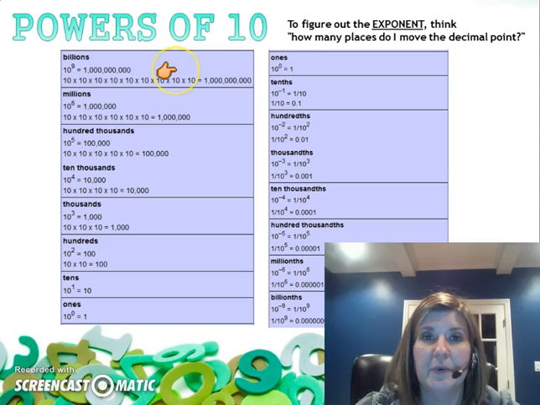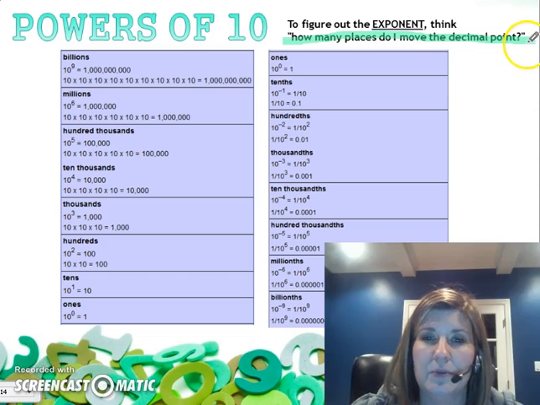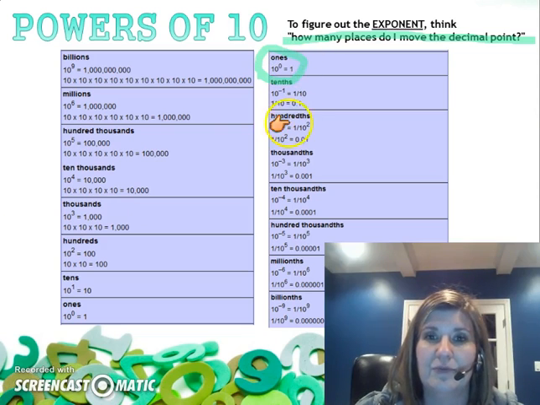Now, to figure out what the exponent is, all you have to do is remember to count how many places you move the decimal point. Powers of 10 serve as the basis for the metric system, so we do use this a lot in chemistry. If we start here at the ones place, you can see that 10 raised to the power of 0 is just 1.